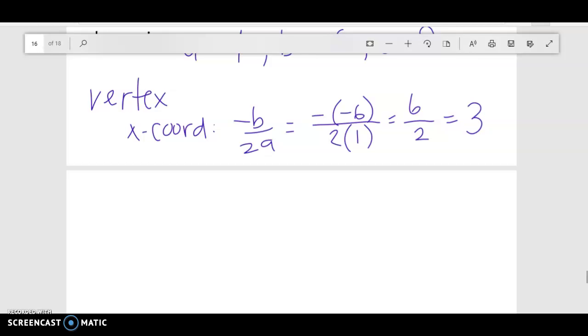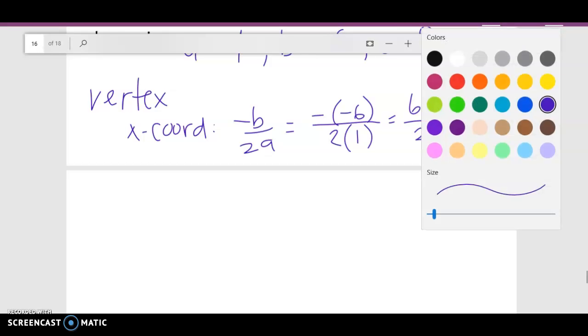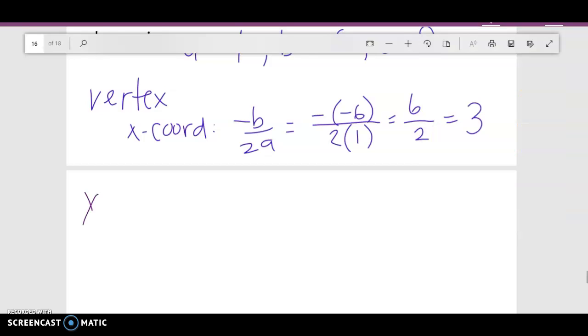So our y-coordinate of our vertex is going to be when I evaluate the function when x is 3. That's the x value of our vertex. So I'm going to plug that into our function.